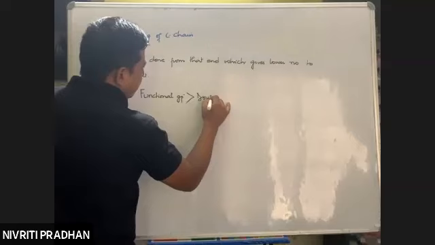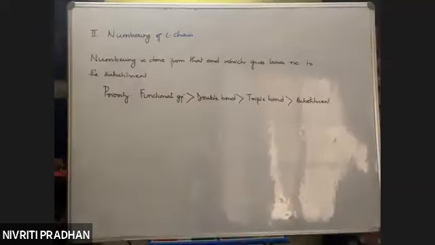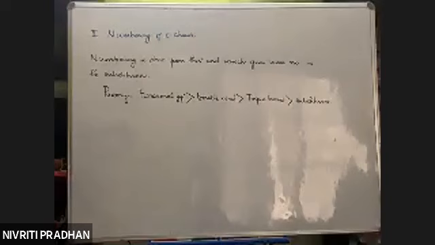First comes your substituent. So this is the order of priority if a molecule contains a functional group, double bond, or a substituent.